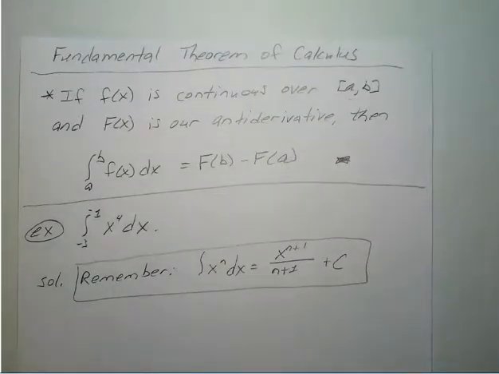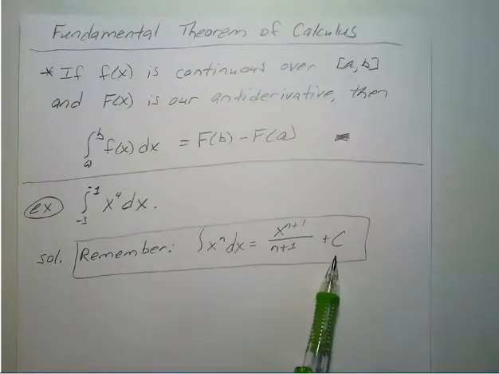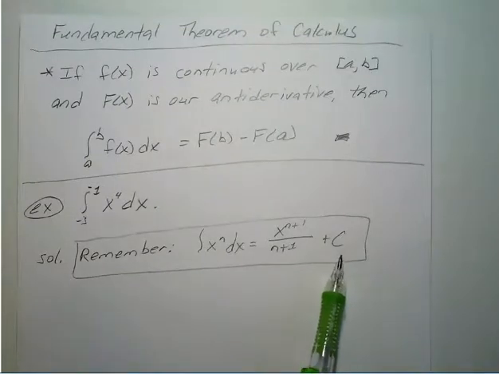Now, the plus c is important, but when you're using the fundamental theorem of calculus, you don't need to add the plus c, and I'll show you why after we solve the problem.